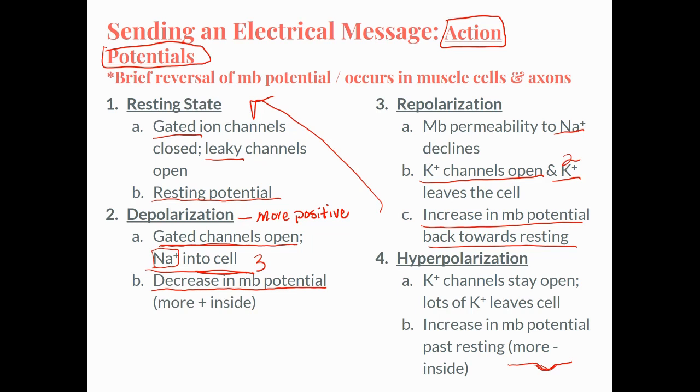That makes the resting potential more negative. Another signal cannot be fired until it comes back up. If this is your -70, this is going to be like -75, -80, and it has to get back to here. Then another action potential can fire.